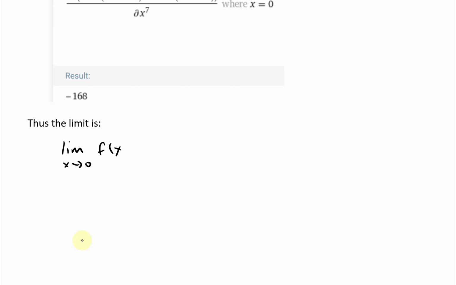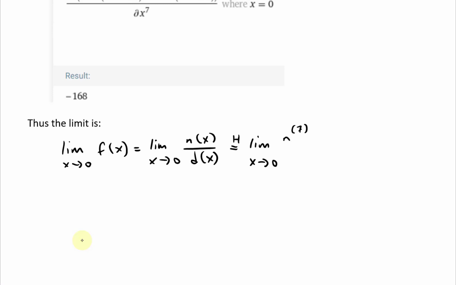Thus the limit as x approaches 0 of f of x, I'm going to write the numerator as a function n of x, for numerator, divided by d of x, which is the denominator. This equals, and I'll put an h for L'Hopital's rule, the limit as x approaches 0 of the seventh derivative, n7 of x in brackets for the top, and d7 of x for the seventh derivative of the bottom.